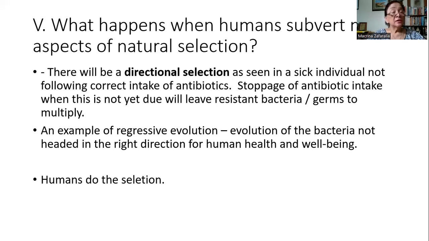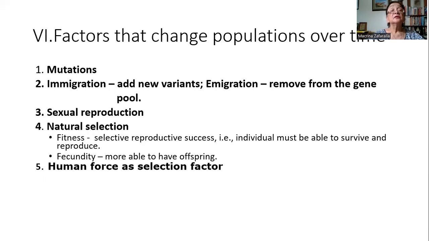Stoppage of antibiotic intake when this is not yet due would leave resistant bacteria or germs to multiply, now leading to selection in the direction of the bad bacteria. An example of regressive evolution is evolution of the bacteria not headed in the right direction for human health and well-being. Another way by which humans subvert many aspects of natural selection is when humans themselves do the selection.